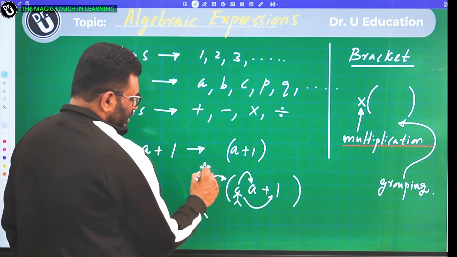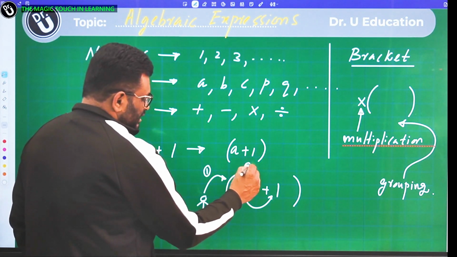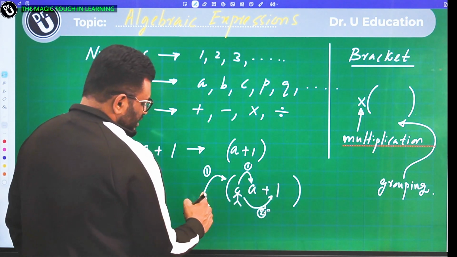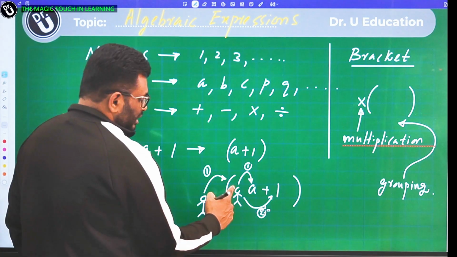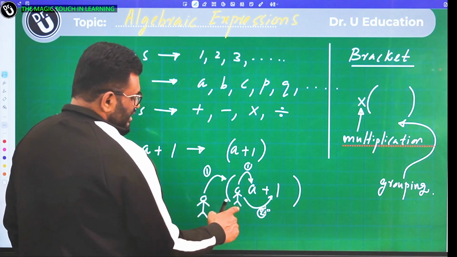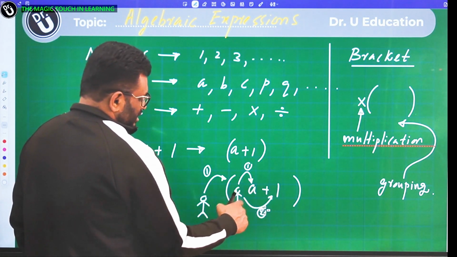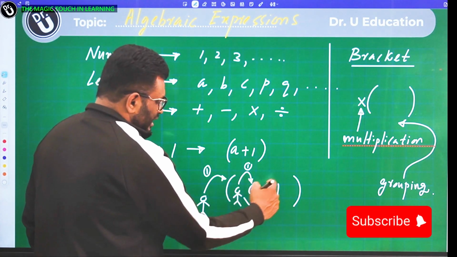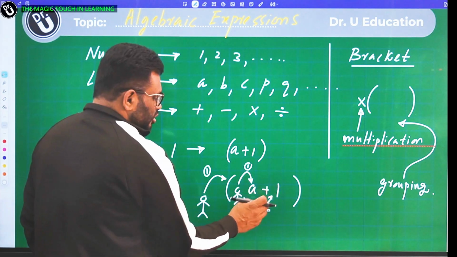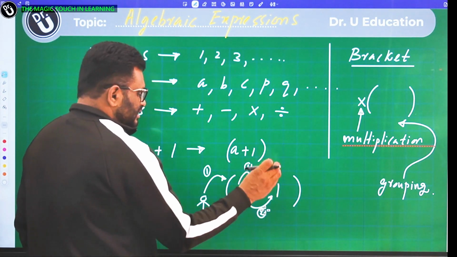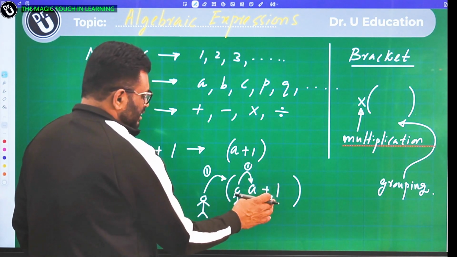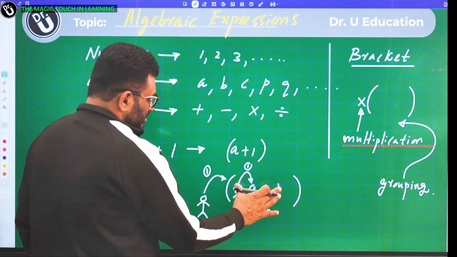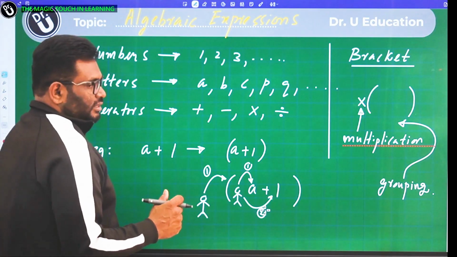So, bracket is important to group this. You can put as many numbers or letters or whatever, and you can group it. So, that's the idea.